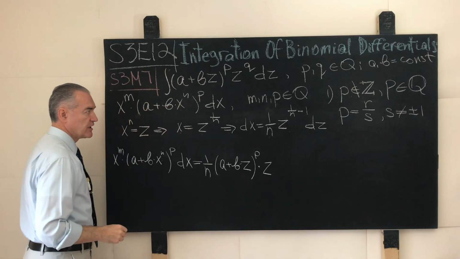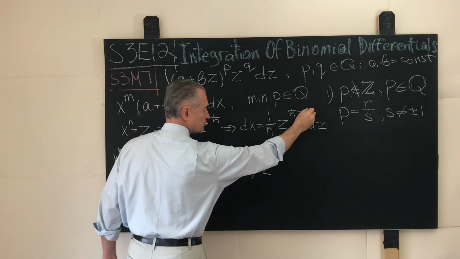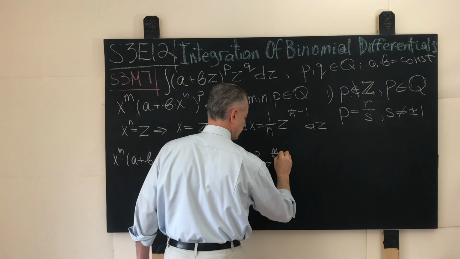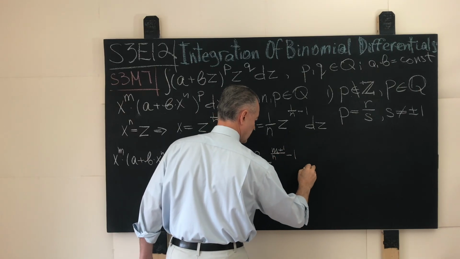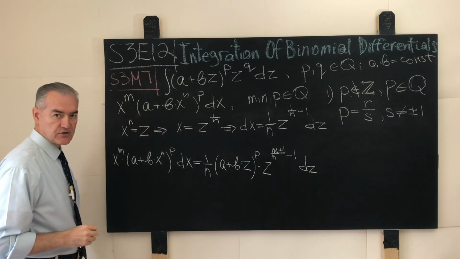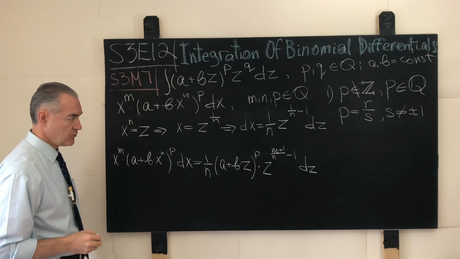So 1 over n plus m over n minus 1 dz. So we will have m over n plus 1 minus 1, and then the first differential dz. You see what is going on? That was a very straightforward manipulation.